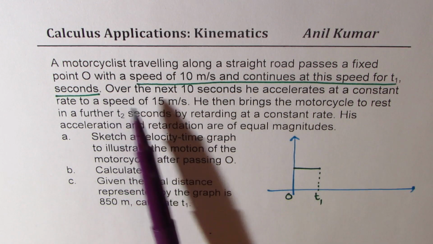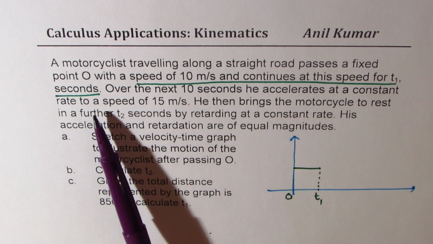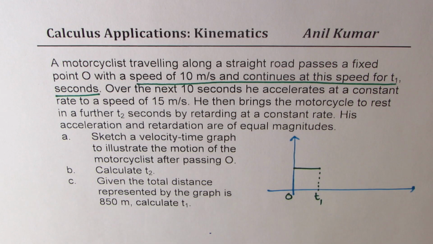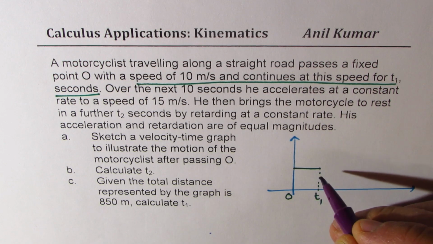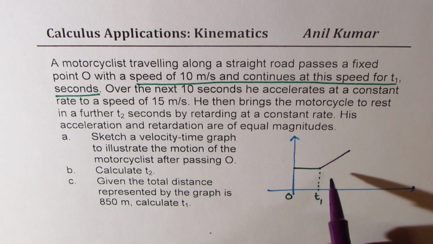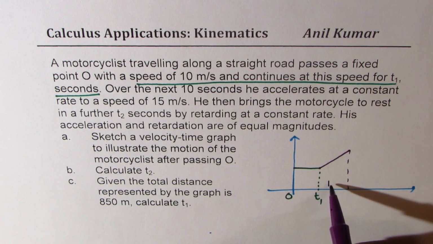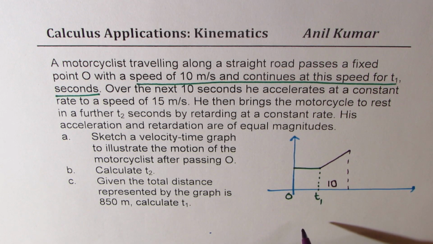Now, over the next 10 seconds, he accelerates at a constant rate to a speed of 15 meters per second. So now, in 10 seconds, the motorcyclist accelerates. So this part is 10 seconds, correct?